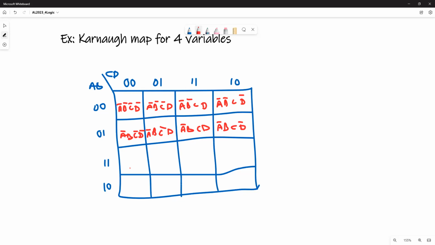Okay, so the next one, we have A, B, right? Then this is C bar, D bar. This is A, B. We have C bar, D. This is A, B, C, D. Here we have A, B, C, D bar, right?